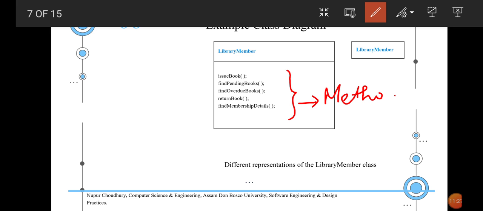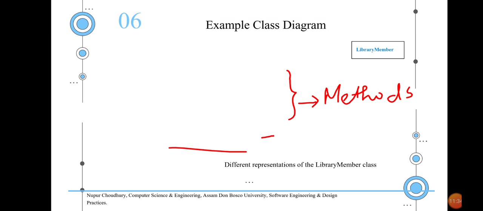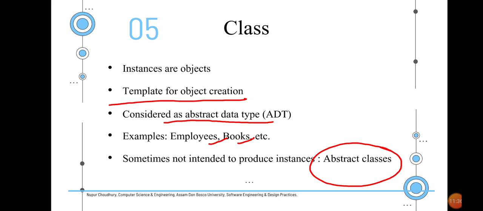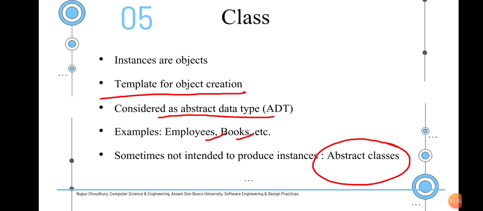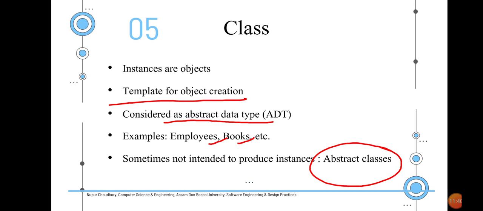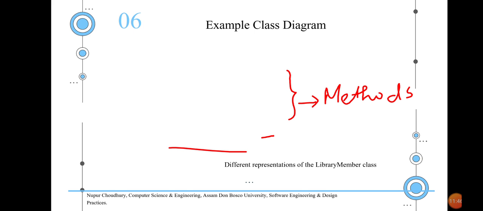So you can also consider library member. We were talking about abstract classes. When we are talking about abstract classes, essentially it means that we are hiding all the methods which are there.